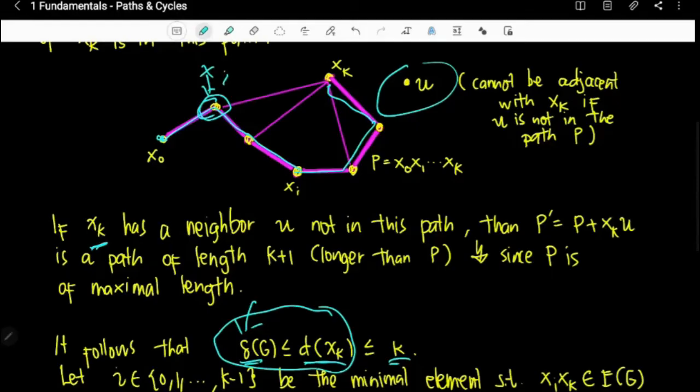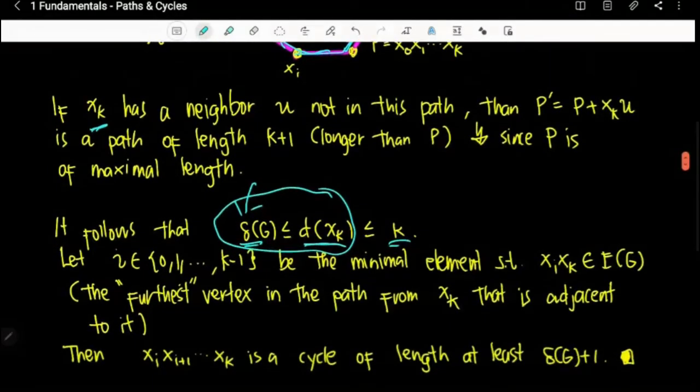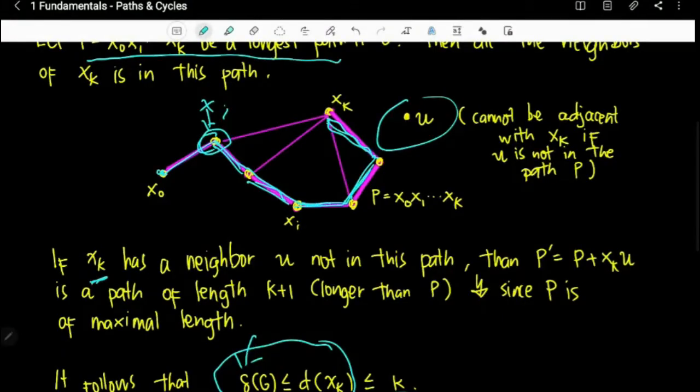So, kukunin mo lang naman yung pag tiningnan mo sa path, siya yung pinakamalapit sa x sub 0 or pinakamalayo sa xk with respect to the path. Pinakamalayo na siya. Yan. Bakit yun ang kinuha natin, yung pinakamalayo? Because this part of the path, ito, plus this edge, since yung xi is a neighbor of xk, so meaning my edge will form a cycle. Makakabuo tayo ng cycle. Tama?